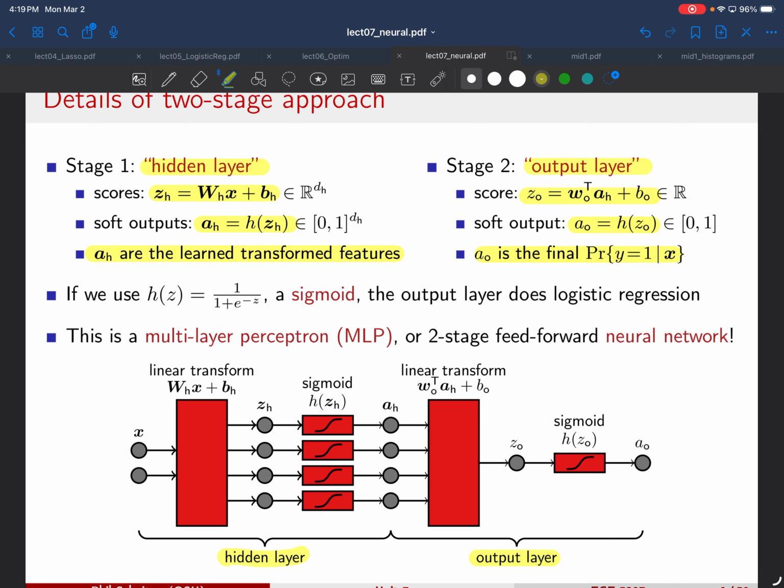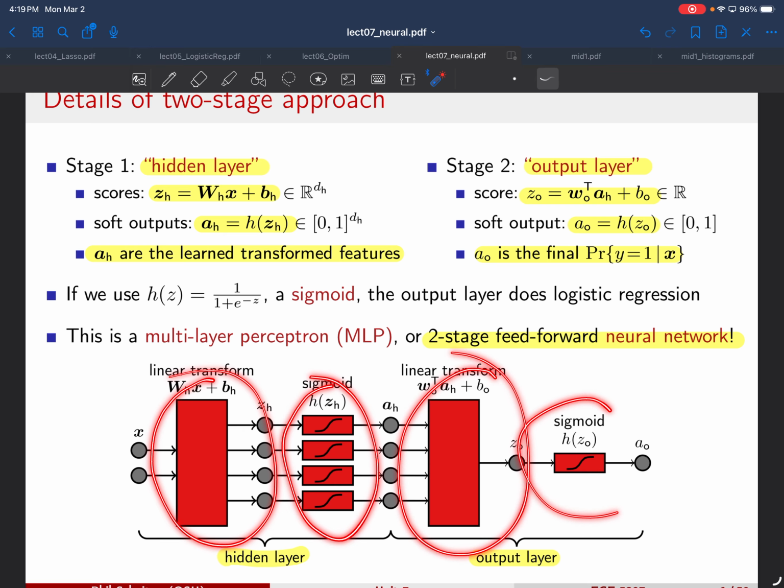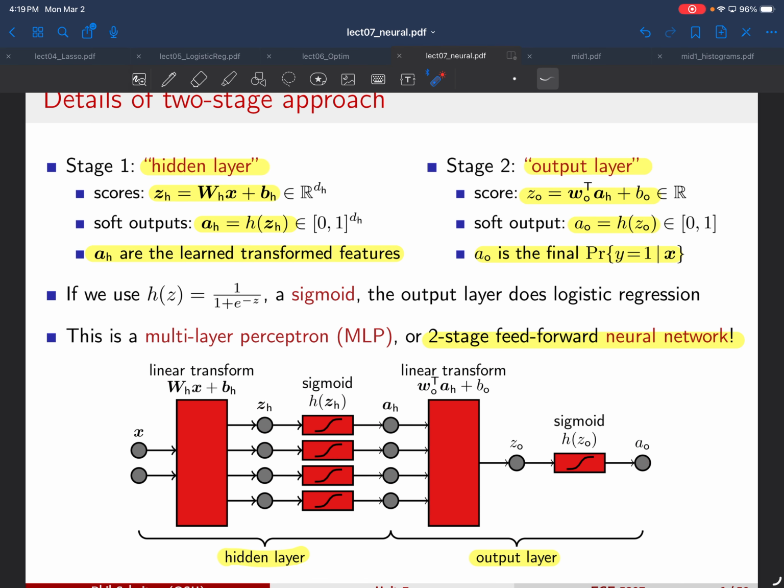So basically, this has the structure of a 2-stage feed-forward neural network. And the key high-level structure of a neural network is alternating linear, nonlinear stages. Linear, nonlinear like this. So this is also called a multi-layer perceptron.